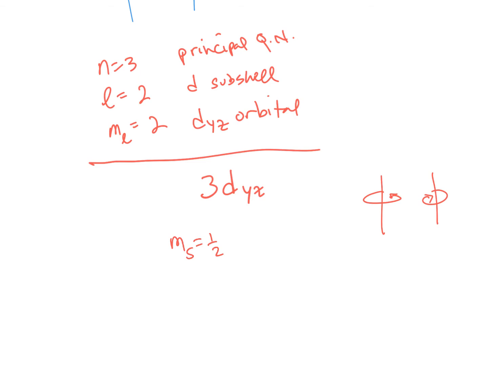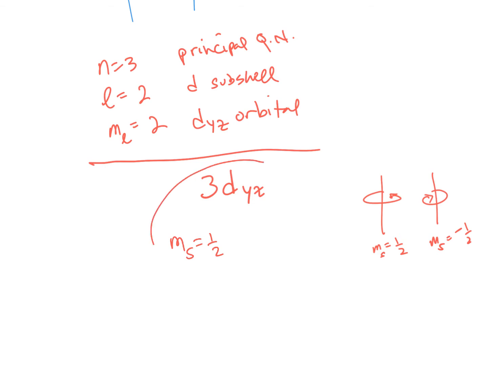In terms of numbers that are associated with the magnetic fields, maybe this one is MS is 1/2, and MS is negative 1/2, meaning they're spinning in opposite directions. It really has to do with the magnetic moment that is generated perpendicular to this electron that's spinning, and whether that magnetic field is either associated with or against the external field of the other electrons in the atom. Complicated, don't worry about it. Just pick one, it doesn't matter.